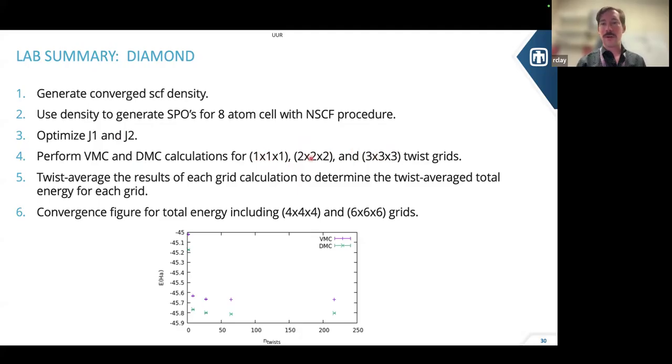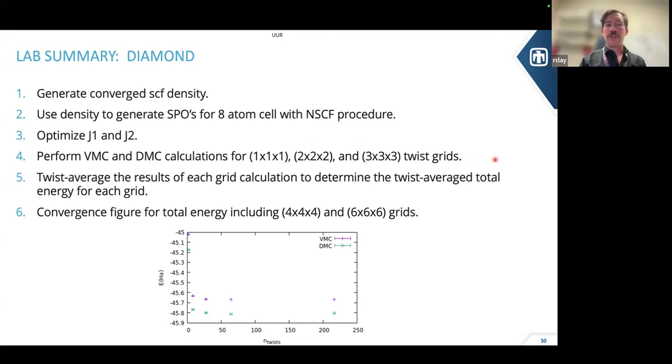These are the symmetry aware twist grids. The README on the GitHub will walk you through what the output files mean, and what the code is specifically doing when you're doing one of these twist grid calculations.